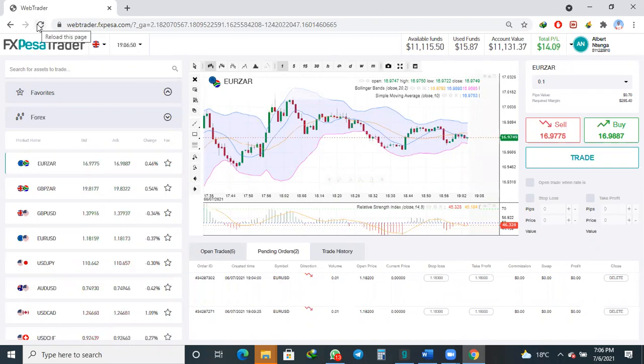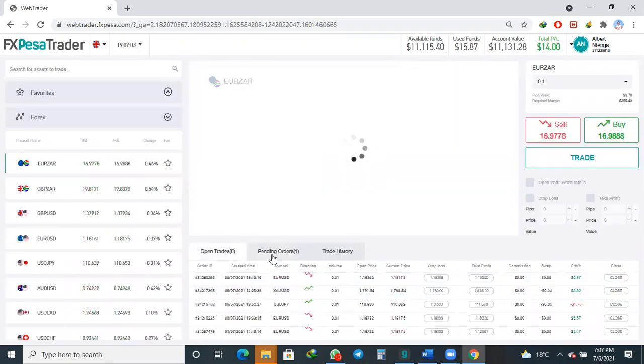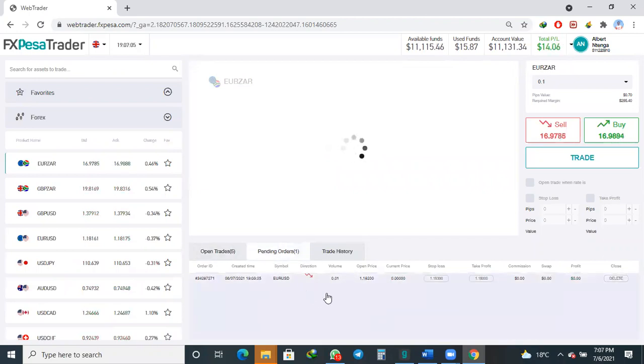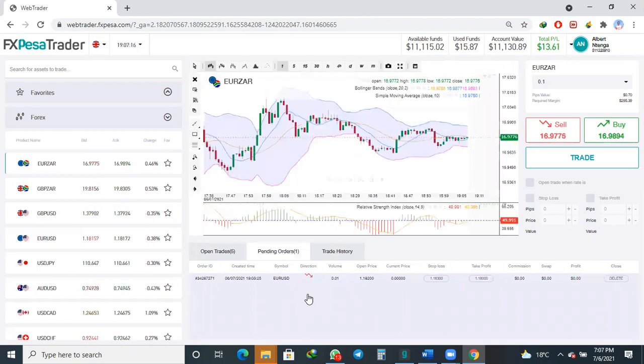I have to refresh this again for it to be updated. Now, after I've closed that trade, it will remain with the one pending order. Now, the characteristic of these pending orders is they don't take into account your account value.